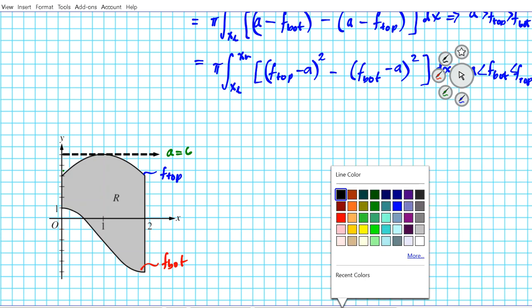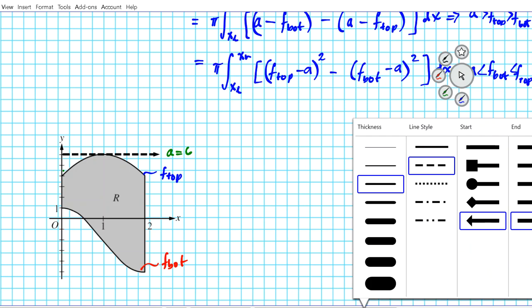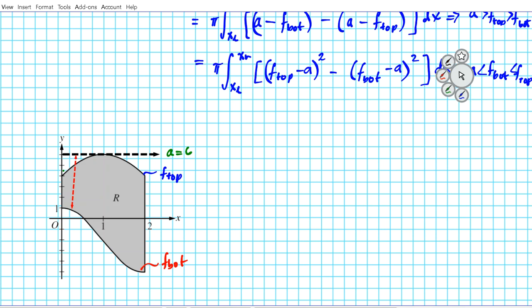Let me show you what I'm talking about right here. So this is farther out. From here to here represents your outer radius. Why is that? Because it's the farther function to the axis.